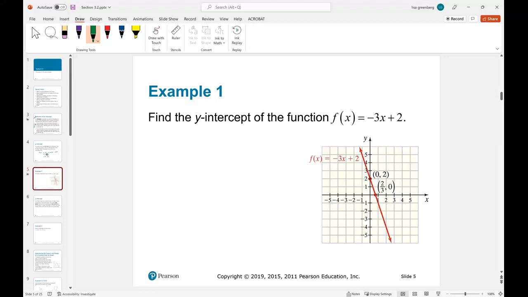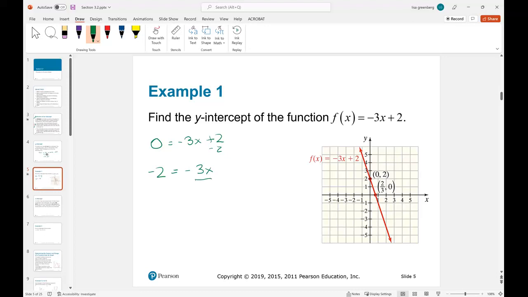So, this is nice and easy. Find the intercept of this function. Well, we can do it two ways. If they give us a graph, we can look at the graph. If they don't, then we solve it. So first we'll solve it algebraically, which means I have 0 is equal to negative 3x plus 2. I subtract 2 from both sides, and I get negative 2 is equal to negative 3x.